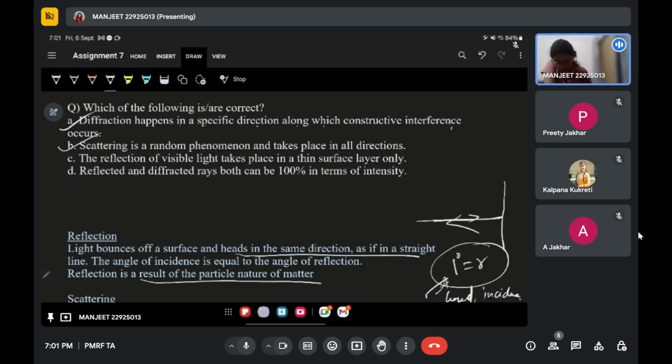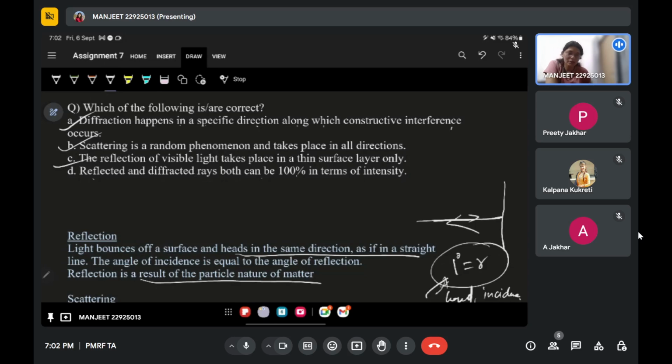In the C part, the reflection of visible light takes place at a thin surface only. Yes, reflection of visible light generally takes place at the surface only. And the reflected and diffracted rays can both be 100% in terms of intensity?